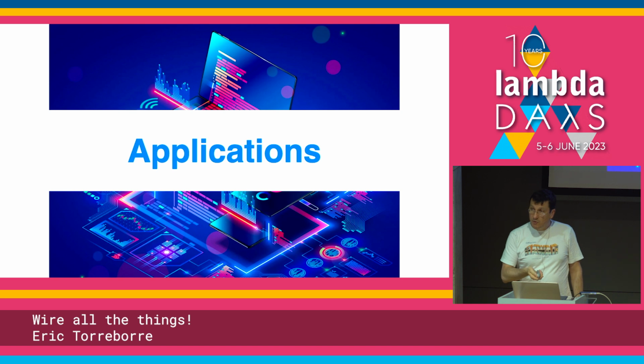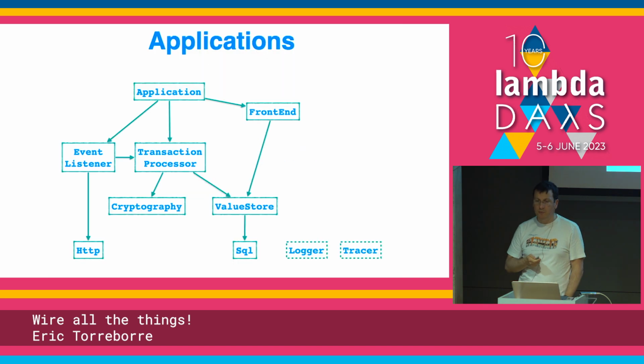So actually, the library was born out of a desire to solve this problem. How do you build large applications in Haskell for people that are not necessarily very familiar with Haskell or the type system in Haskell? And let's have a look.